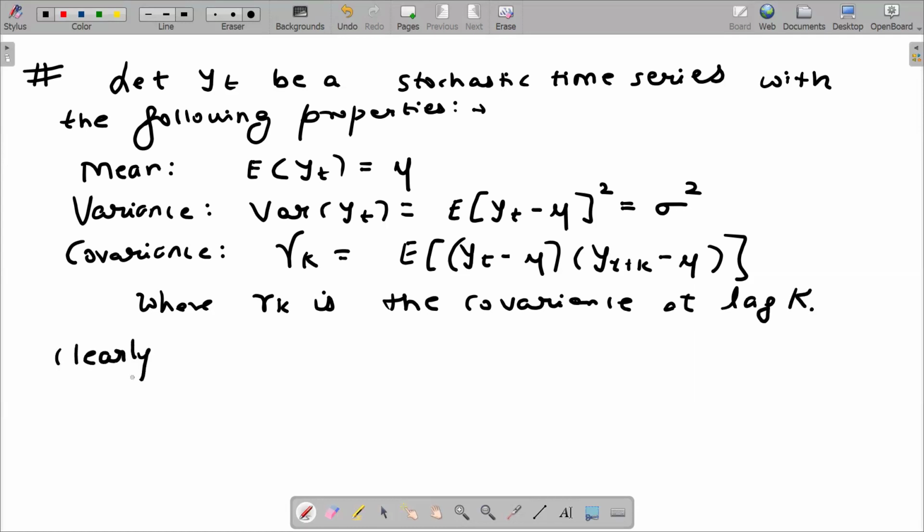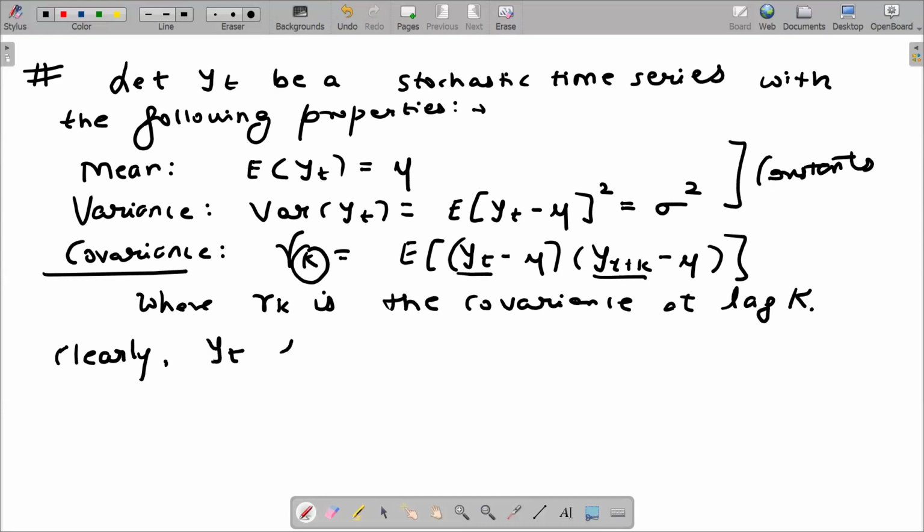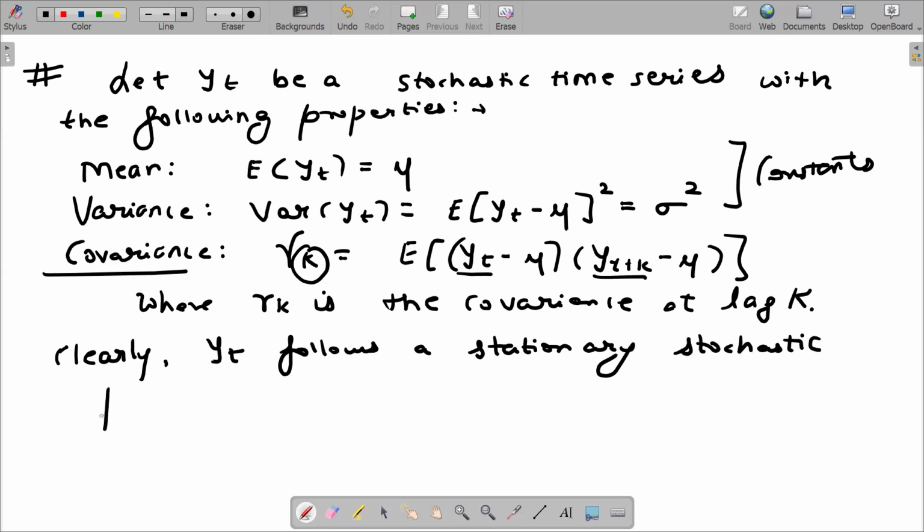Clearly, students can see that since the mean and the variance are constants, and the covariance only depends on the lag between yt and yt plus k, which is k, the difference between t and t plus k being k only, yt follows a stationary stochastic process. So this is where we had stopped in the previous lecture.